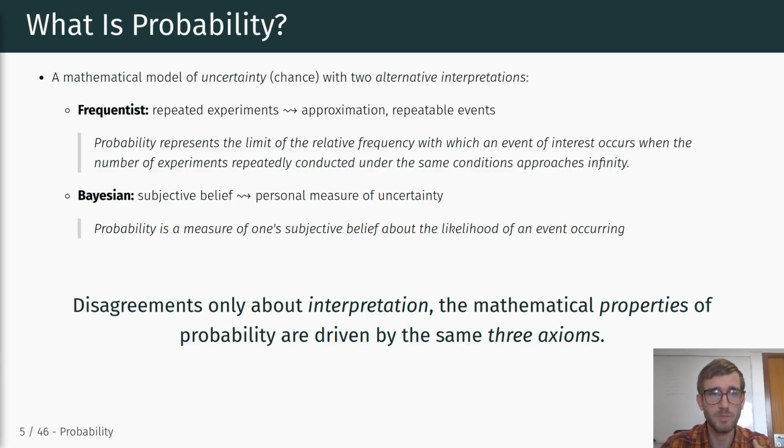The mathematical properties of probability are ultimately driven by the same three axioms. Whether or not you call yourself a frequentist or a Bayesian in terms of how you interpret probabilities, the underlying axioms are the same. The mathematical properties of probability are the same, right? So this is more about interpretation than it is about the underlying math, at least when it comes to the probabilities themselves.